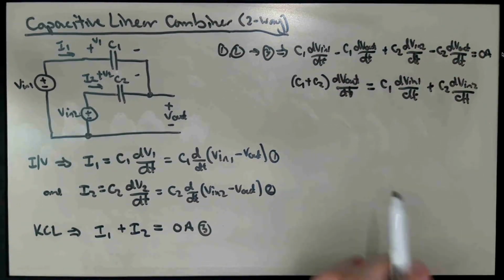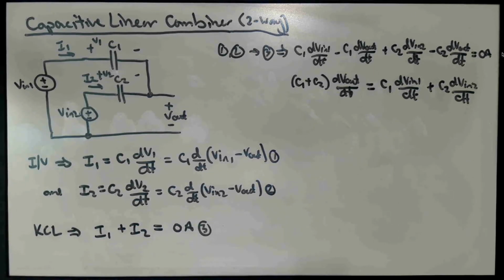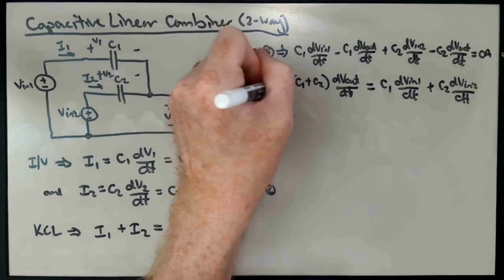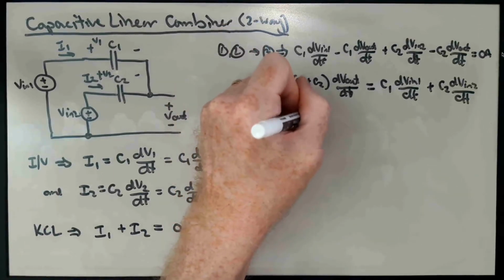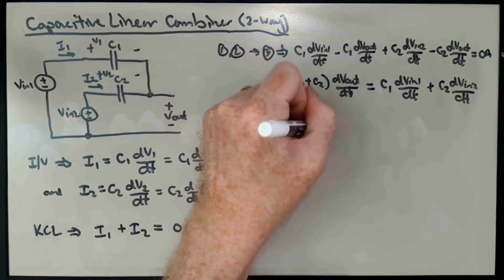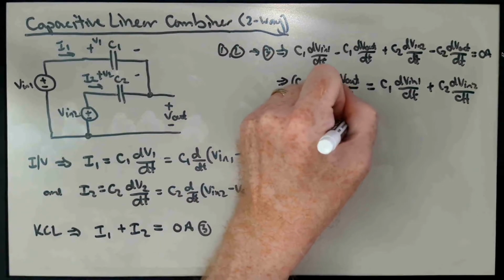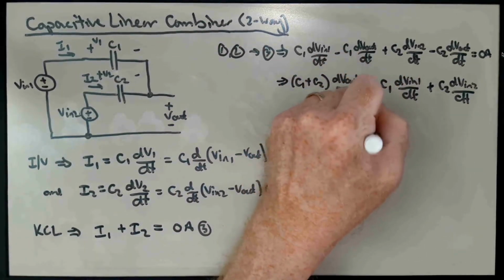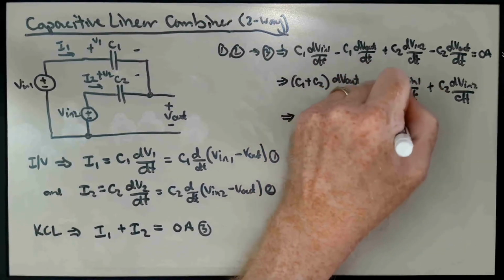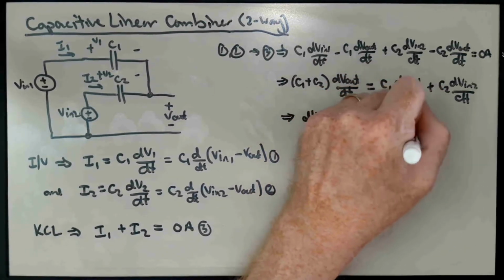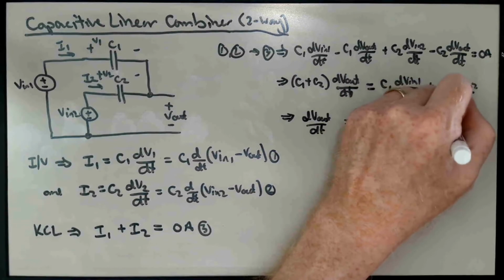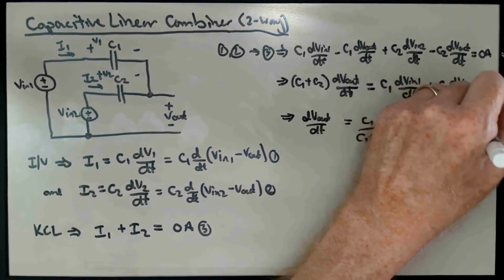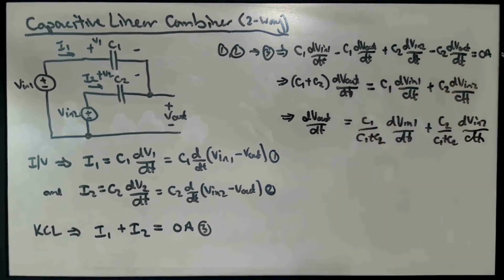And of course we can solve for dVout/dt simply by dividing by C1 plus C2. So dVout/dt is equal to C1 over C1 plus C2 times dVin1/dt plus C2 over C1 plus C2 times dVin2/dt.